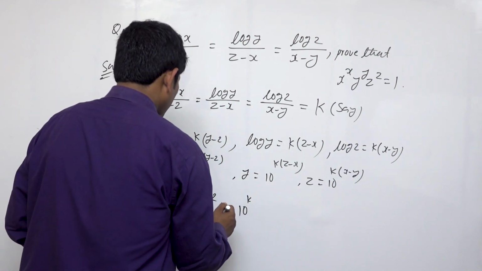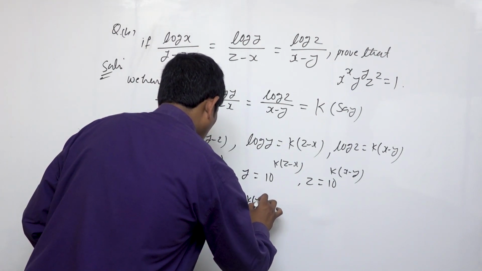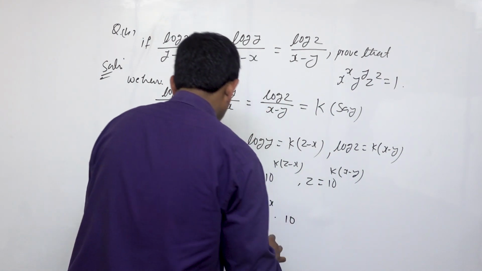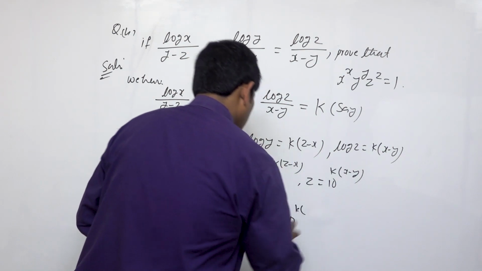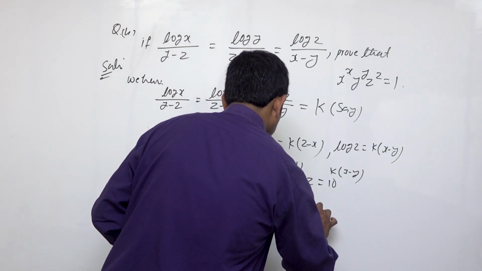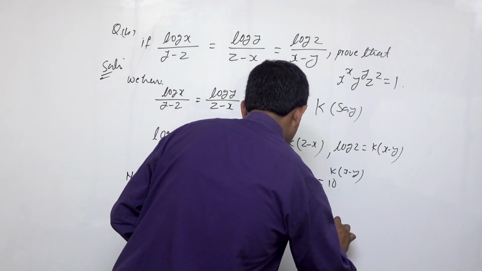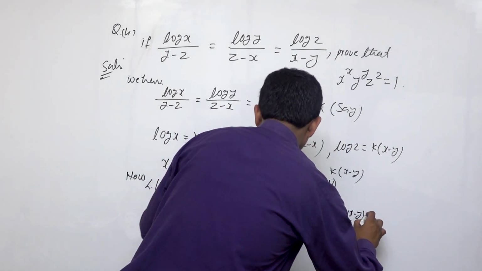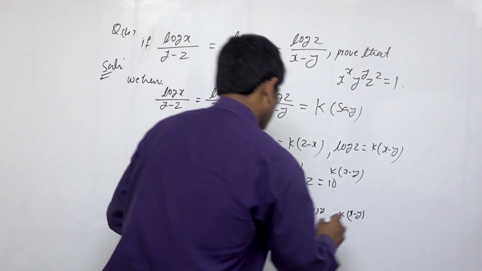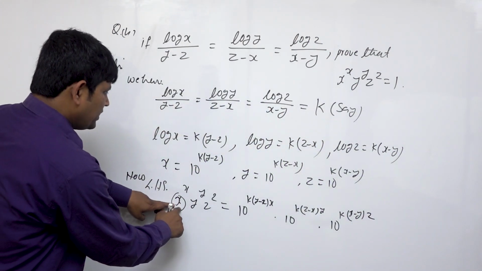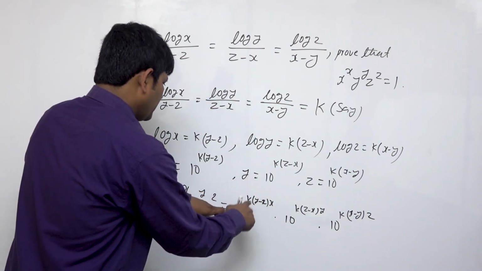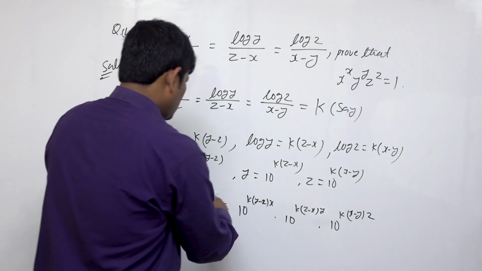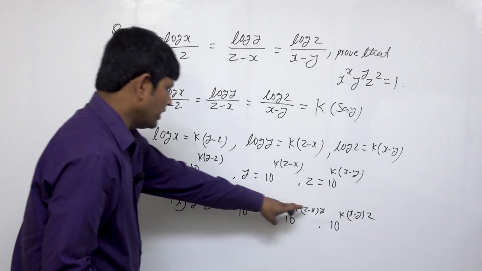So directly we can say 10 to the power k times y minus z times x, times 10 to the power k times z minus x times y, times 10 to the power k times x minus y times z. Let's see here. This x is replaced by that one. This y is replaced by that one. This power x, their power x is here. This y is here. This z is here. So I am not changing these values.